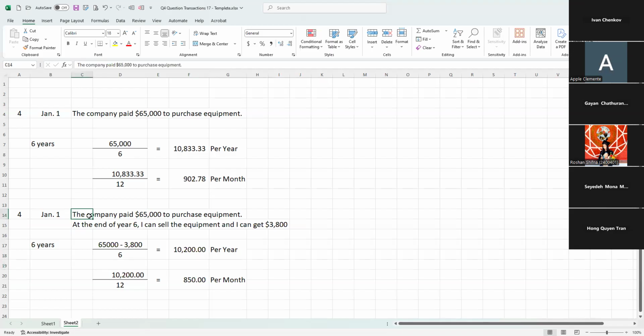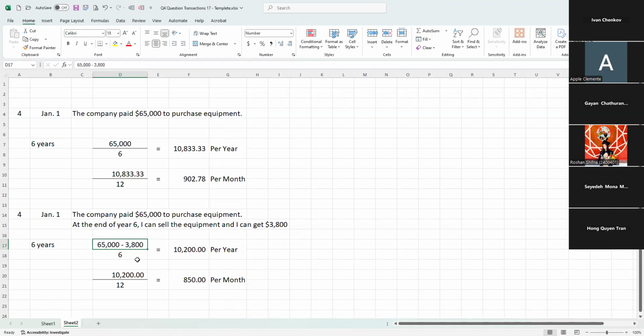If the company expects to get cash at the end of the life of the asset, you deduct whatever you're expecting to get from the calculation of your expenses. If you get 0, then this deduction here will be 0. We're going to talk about this next time when we start talking about long-term assets.